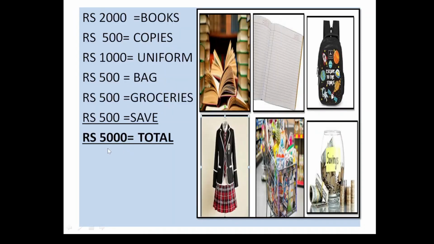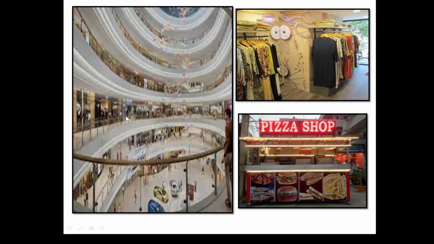How they had to spend the rupees 5,000 was also told by their parents: rupees 2,000 for the books, rupees 500 for the copies, rupees 1,000 for the school uniform, rupees 500 for their school bag, and rupees 500 to buy some groceries for their home. At the same time, they also had to save rupees 500.